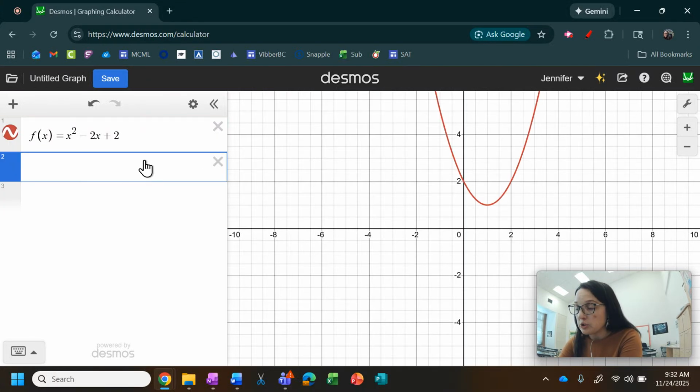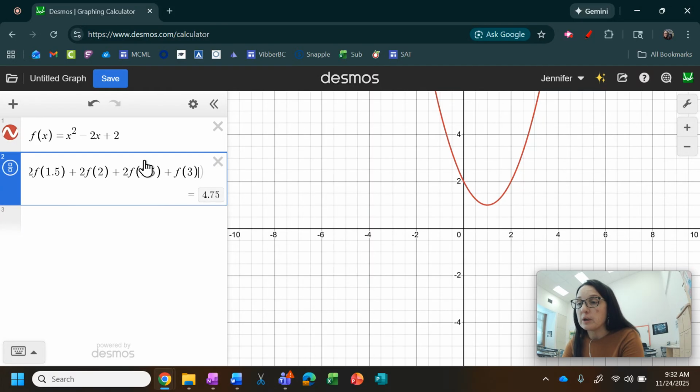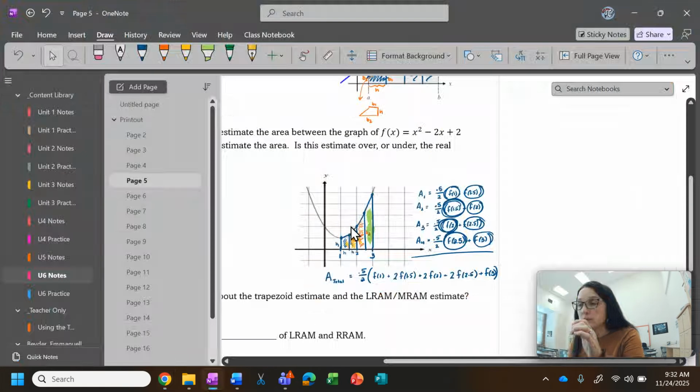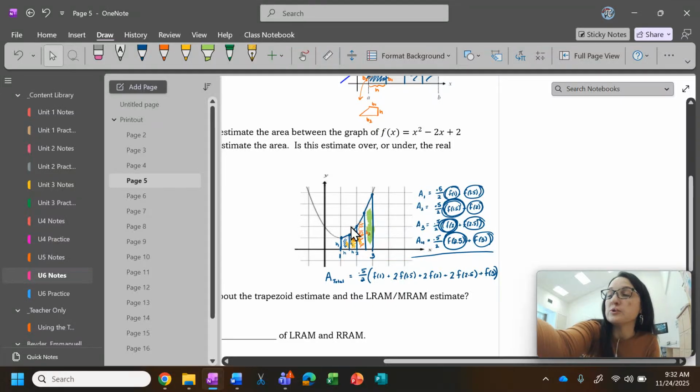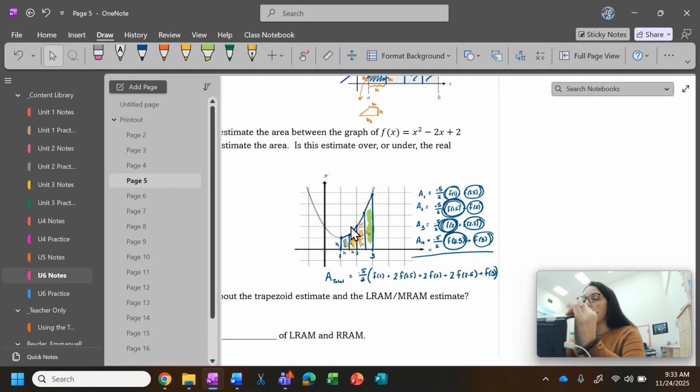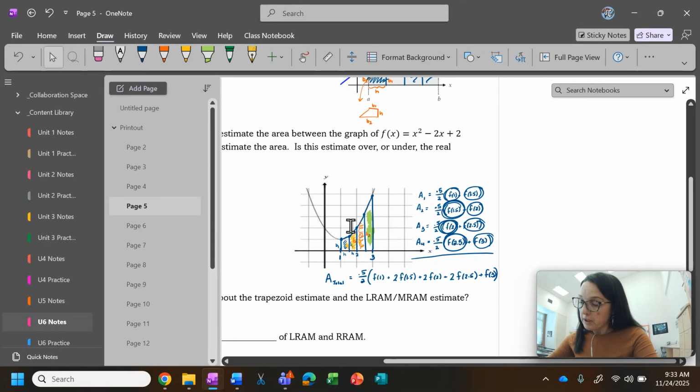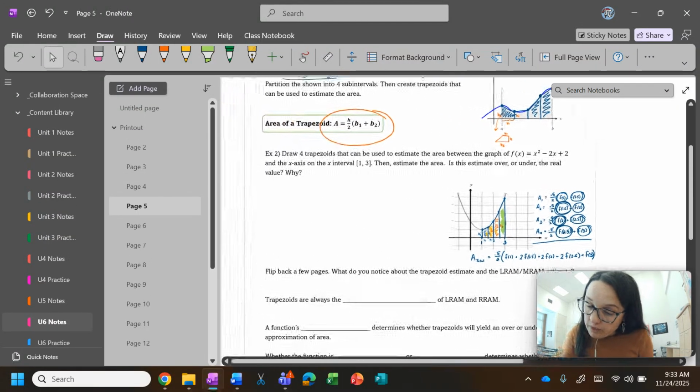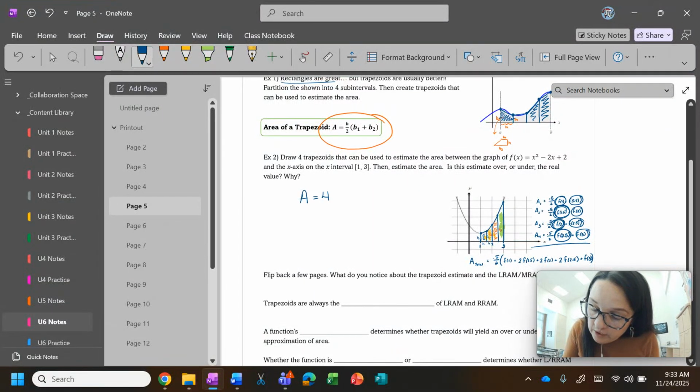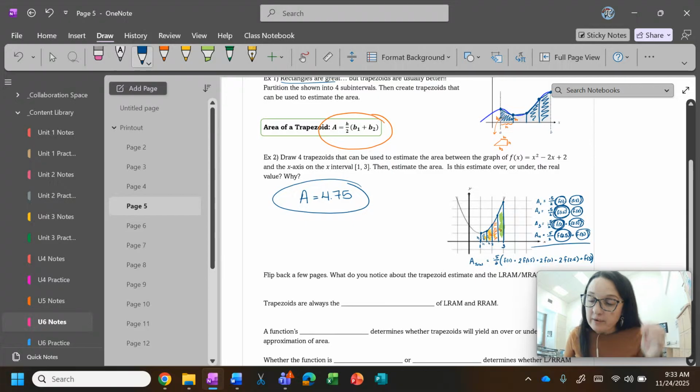And we are going to do, I type the fraction button because it helps, fraction 0.5 over 2, f of 1 once, plus 2 f of 1.5, plus 2 f of 2, plus 2 f of 2.5, plus f of 3, 4.75. Ta-da! And so the estimate for this trapezoid is going to be area equals 4.75.